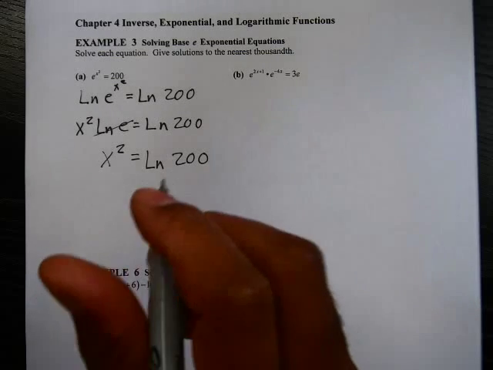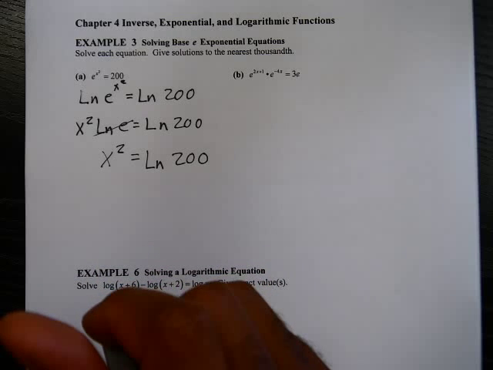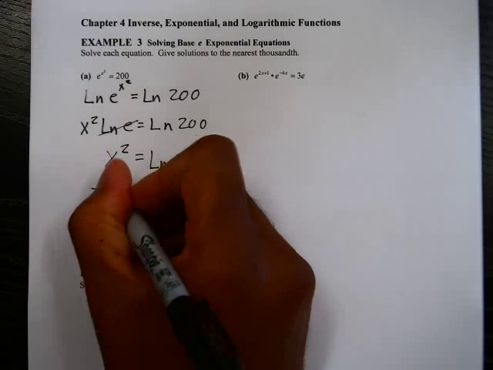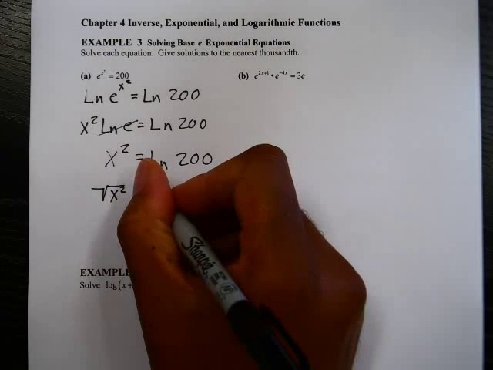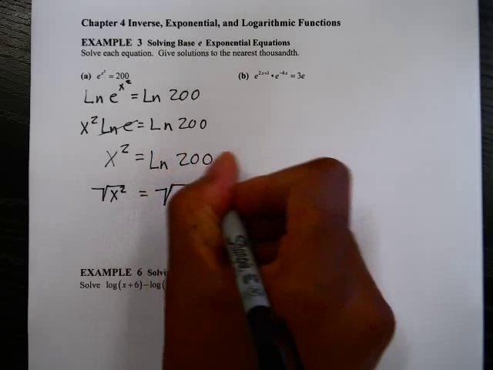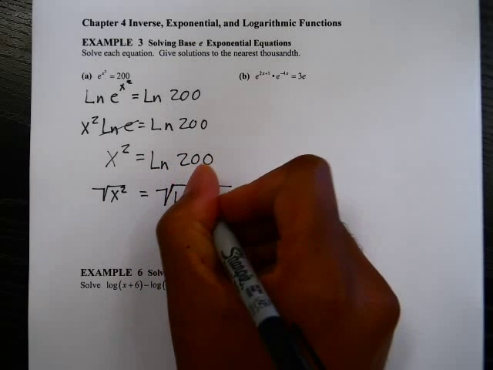Our next step would be to take the square root of both sides. So we say the square root of x squared equals the square root of the ln of 200.